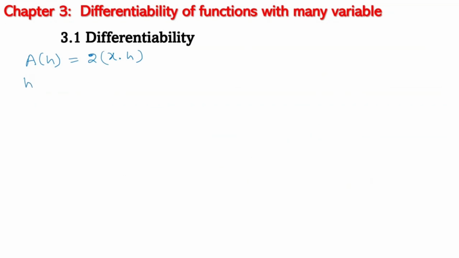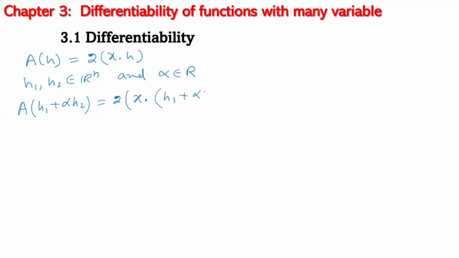So let h1, h2 belong to Rn and alpha belong to R. Then A(h1 plus alpha h2), by definition, will be 2x dot (h1 plus alpha h2).